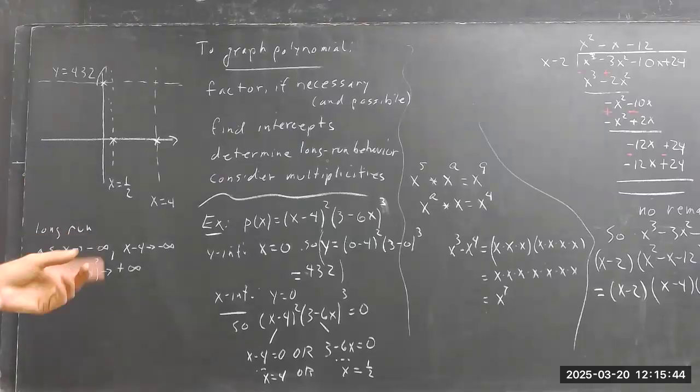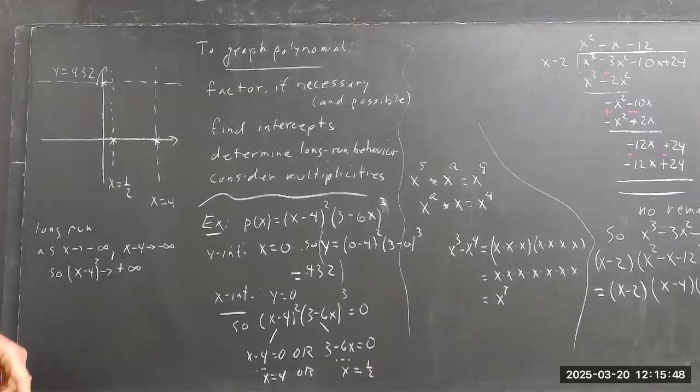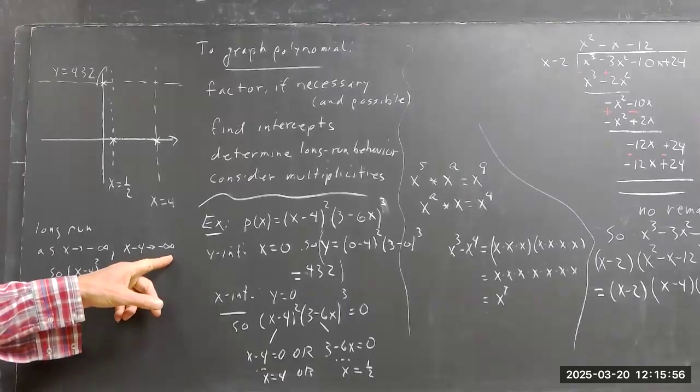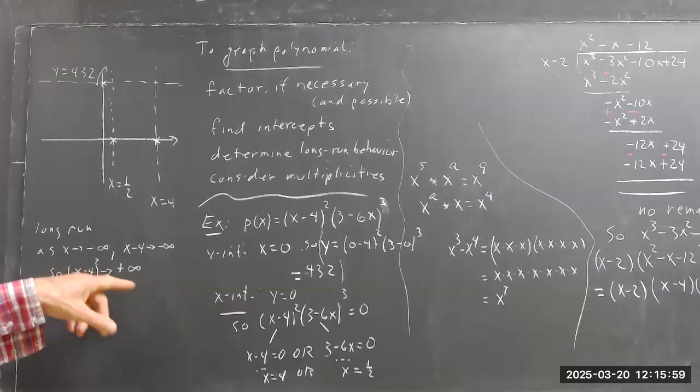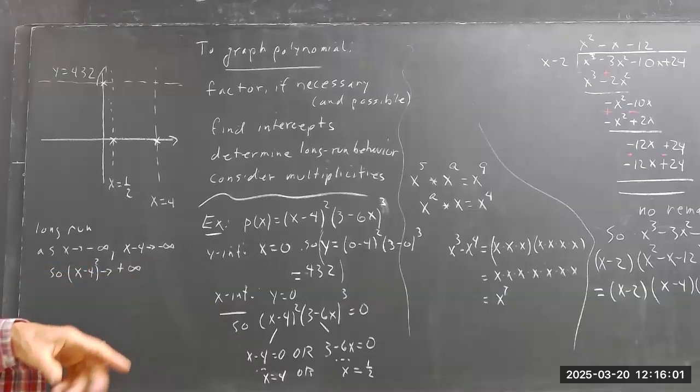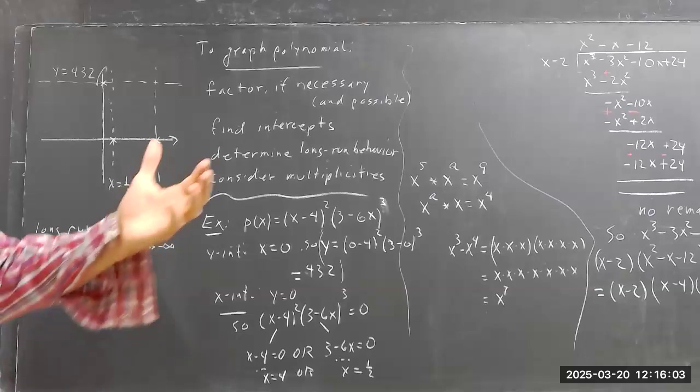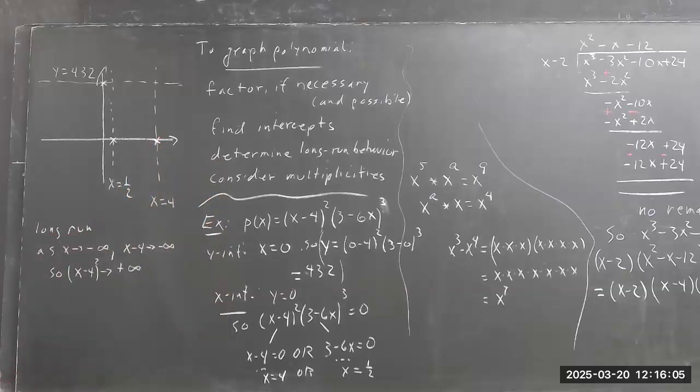X minus 4 squared goes to plus infinity. What does this mean? It means if x is a really big negative number, x minus 4 is a really big negative number. Well, we talked about that already today. And if I square a really big negative number, I get a positive number, don't I? And since it's a really big number that I'm squaring, I get a really huge number, okay? So x minus 4 squared goes to plus infinity.